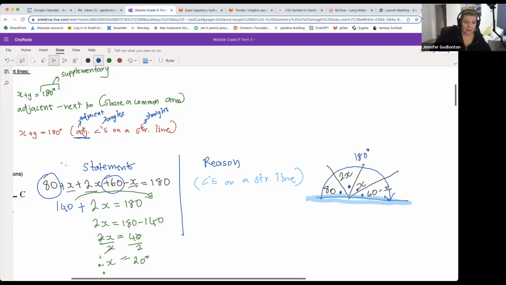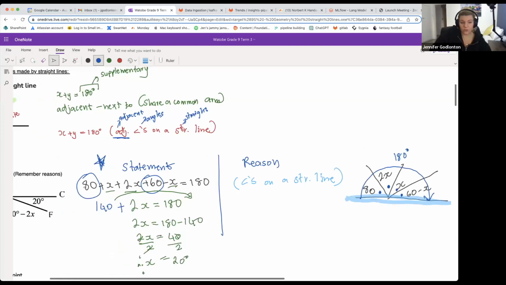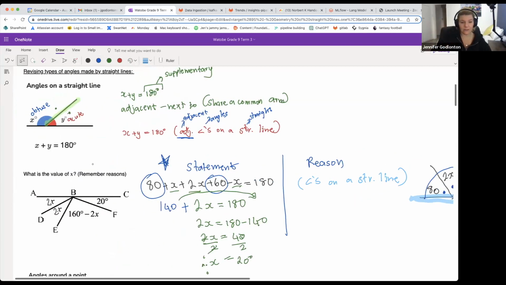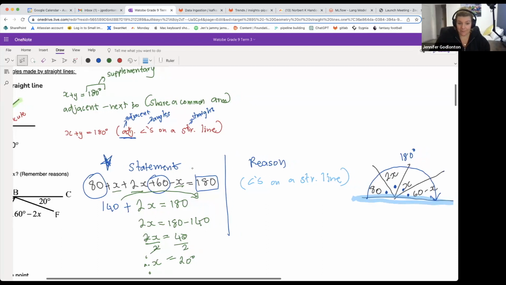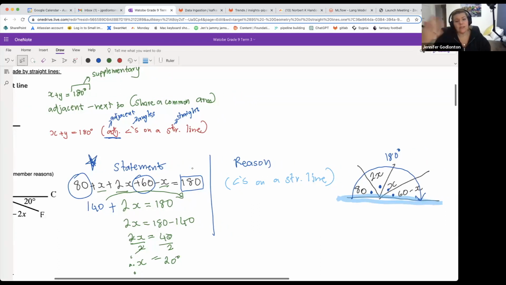So that's what's happening in this first step. All we're doing is adding all of our angles together and saying that it's equal to 180 degrees. Now, when we look at things that are on a straight line, the rule that we would use is angles on a straight line, or adjacent supplementary angles.